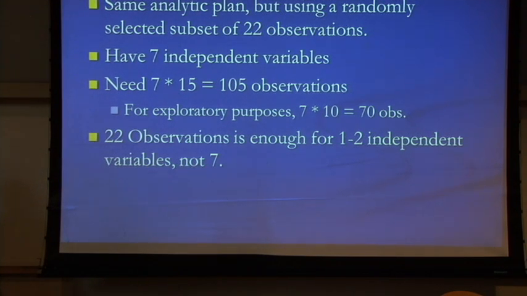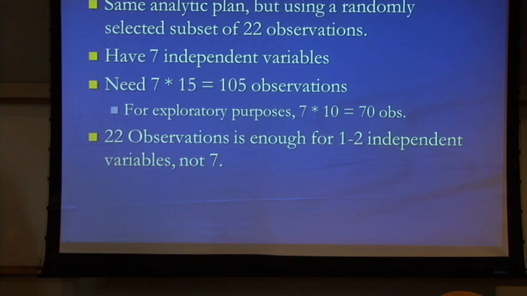Okay, example of overfitting. Let's say you had the same analytic plan, but using a randomly selected subset of 22 observations. Well, we had 7 independent variables, so really we should need 7 times 15, or 105 observations. Or if we're just doing exploratory work, we might settle for 70 observations.